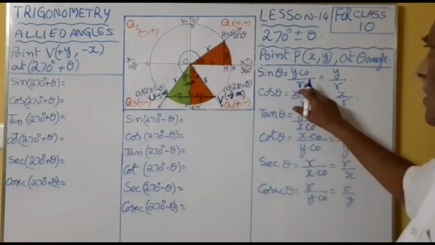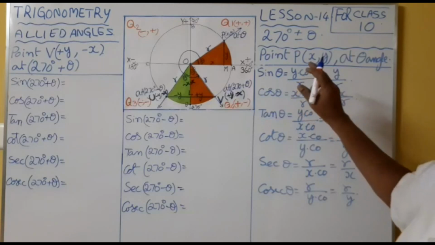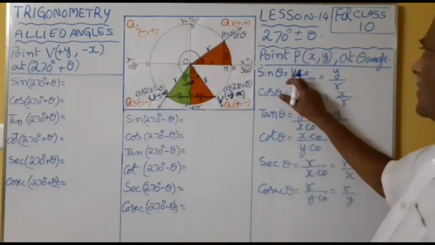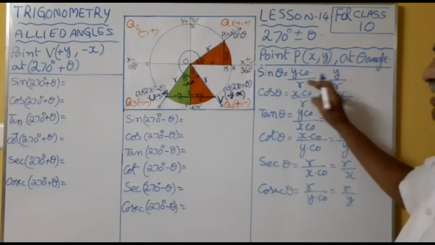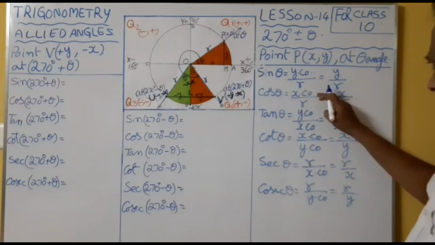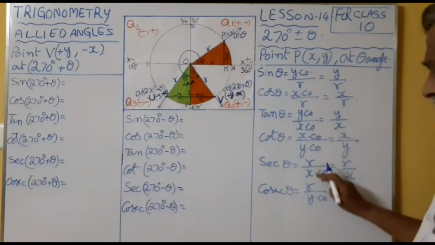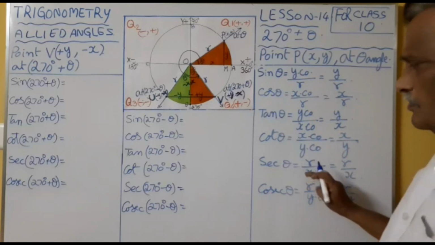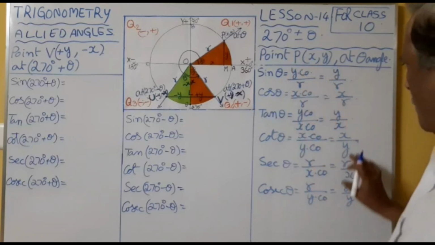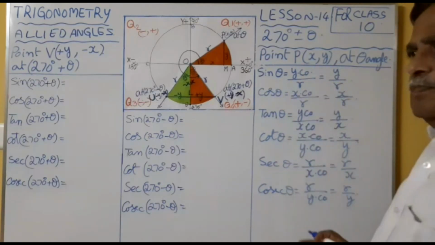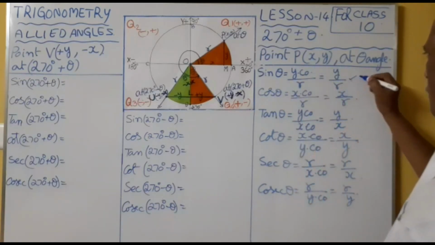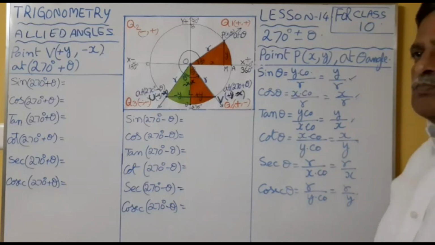Therefore, r should be taken as positive r. The y coordinate by r is y by r. Cos theta is the x coordinate by r. These definitions are already written on the board, and the values are written here.